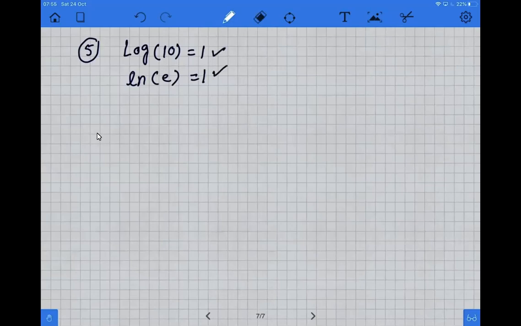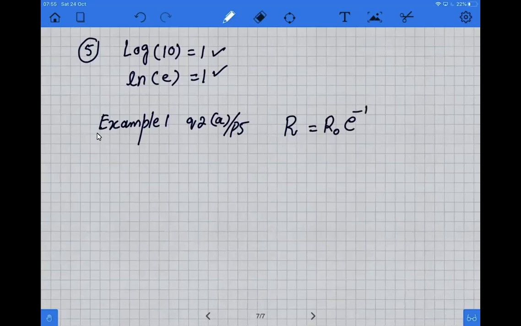You know some examples related to that. Example number 1 about question number 2, part A, paper 5. Examiner says R is equal to R naught e power minus k times t.